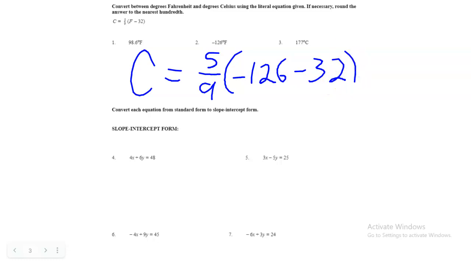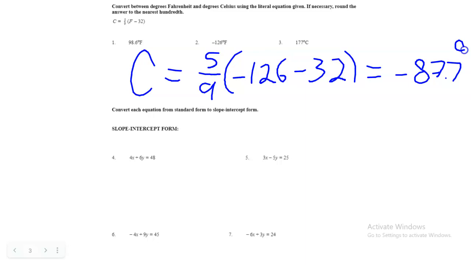I'll put that in my calculator. I get negative 87.7 degrees Celsius. So that's just us using a literal equation to figure out the conversion between Fahrenheit and Celsius.